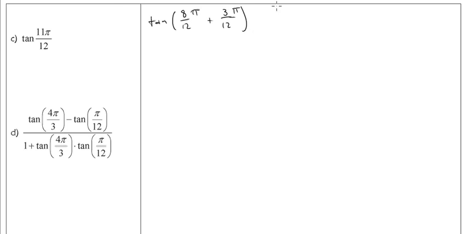Now, using our formula and expanding this out, before we go on, let's write it in terms we're more familiar with.